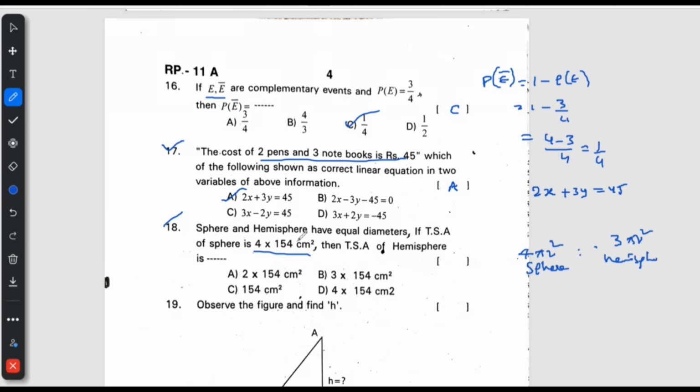For the hemisphere, 3 pi r square is 154 centimeters square. So here we can choose option B, because the sphere will be 4 parts, whereas the hemisphere will be 3 parts in area. So that's why option B is the correct one.